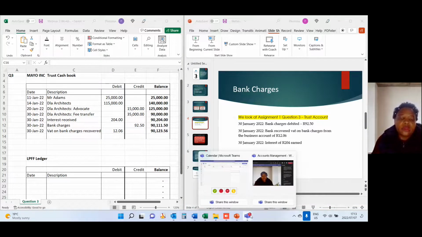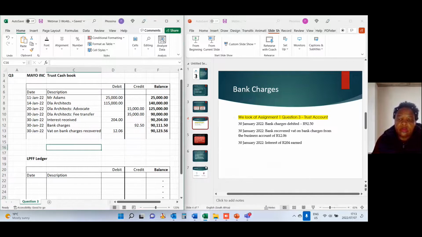Okay, so as it is side by side, we start with the interest. So on 30 June, the trust account, there was 204 earned in the trust account. So which means the trust account is receiving some money from the bank because it had money throughout the month.